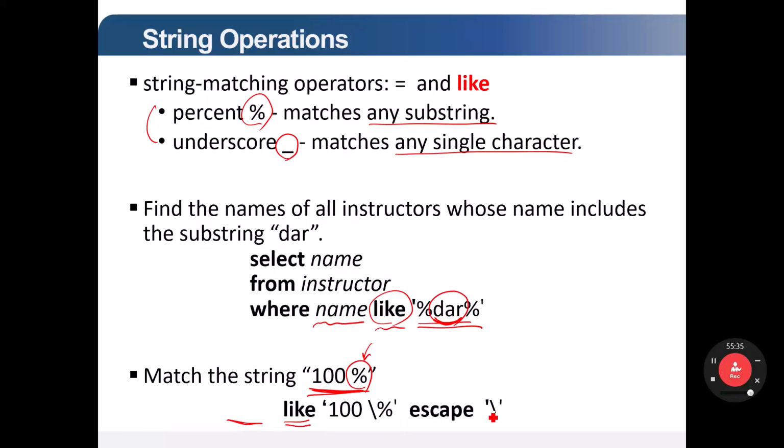In this case, using the escape character, you can escape it. And what character you use can be specified. If you want to use the pound symbol as the escape character, you can put the pound symbol here, and you can put 100 pound percentage. Then this pound symbol will be treated as the escape character, and the following character will be treated as just a normal, regular ASCII character, not the wild character.